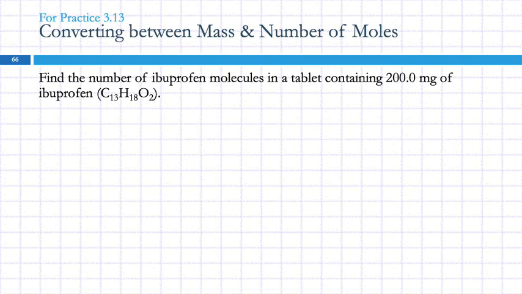Some of them you can't, like, what's the name of HNO3? Not dimensional analysis. But a lot of the ones that involve numbers are dimensional analysis. So I read the problem, I'm going to highlight the numbers, it's just this one, and then I'm going to highlight what I'm supposed to find. Number of ibuprofen molecules.